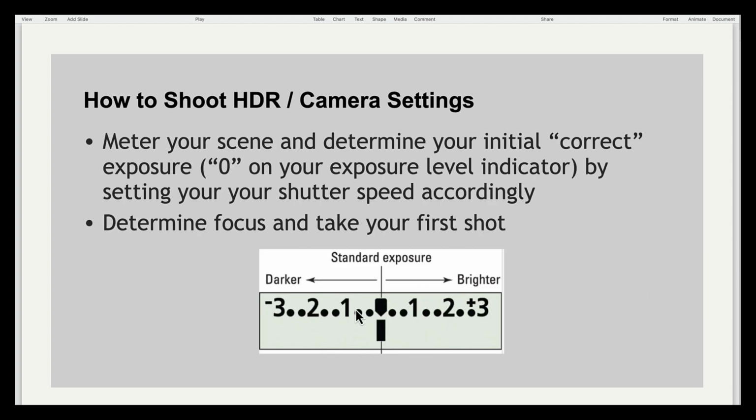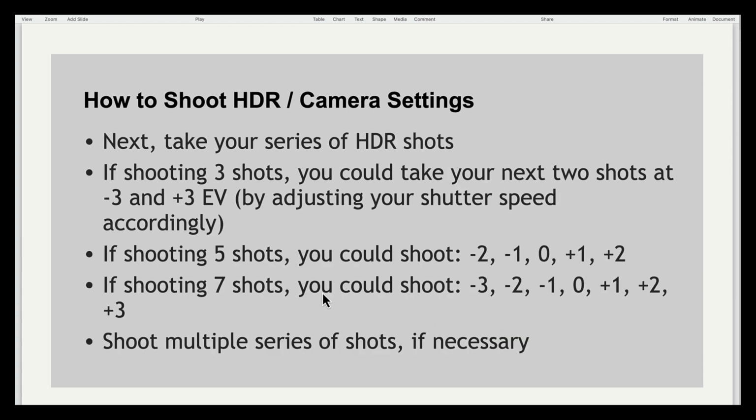So we would again be looking at our exposure level indicator, adjusting the shutter speed so that the mark here is at -3, and then for our last shot we change our shutter speed so that we are then at +3. Or if we're doing a series of 5 shots or 7 shots, it would look something like this.